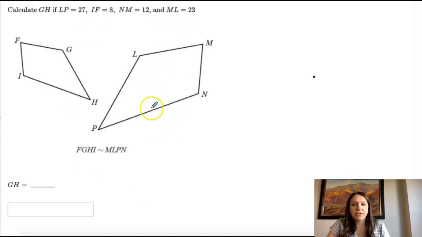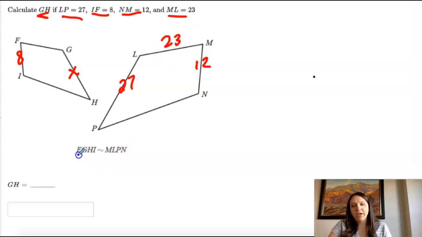This one gives me a picture, so I'm going to label what I know. We're calculating GH, so that's my X. LP is 27. IF is 8. NM is 12. ML is 23. And then I'm just going to check.